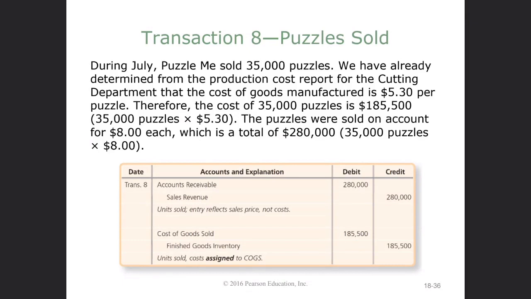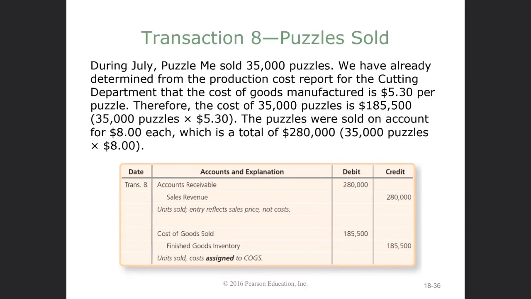So in this example, we are going to show what we sold. We've got our accounts receivable, where we have not received the money yet. The accounts receivable is for the full sales amount, so that's what we sold them for: $8 times 35,000 gives us 280,000.